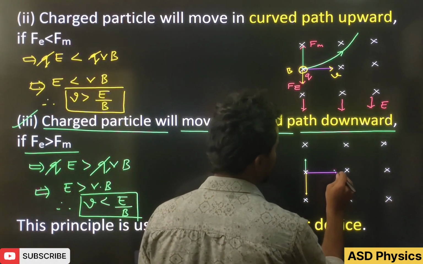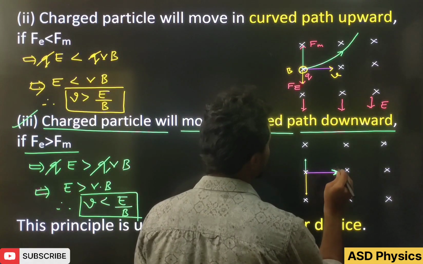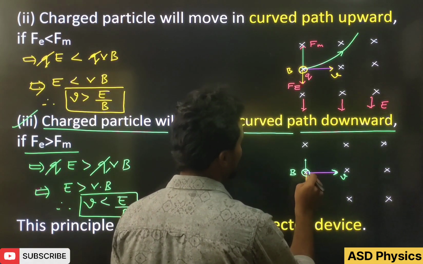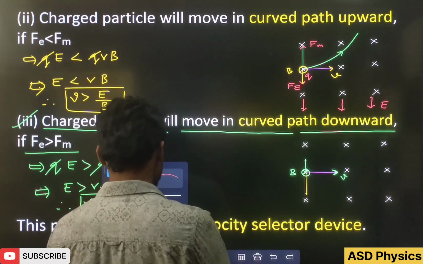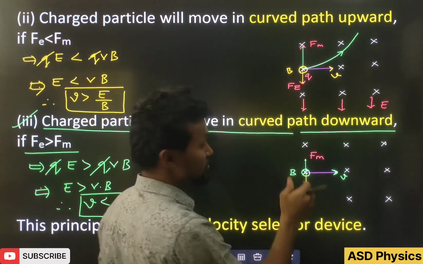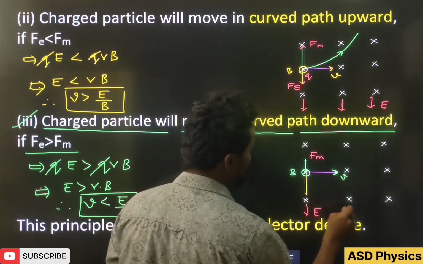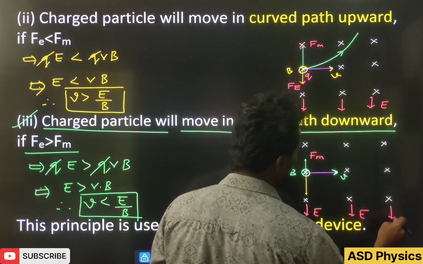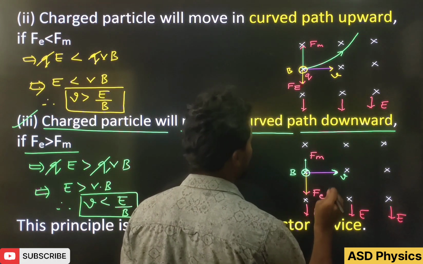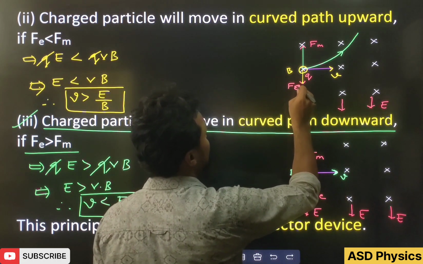Let's see here, please. Again see here. This is the velocity V. Magnetic force anyhow inside. Now you can see here the cross, and then what is there? In a similar way, the magnetic force is upward direction, V cross B. And let's take here perpendicular. So electric field, let's take here downward direction. So what will happen here? This is the electrostatic force downward direction, Fe.